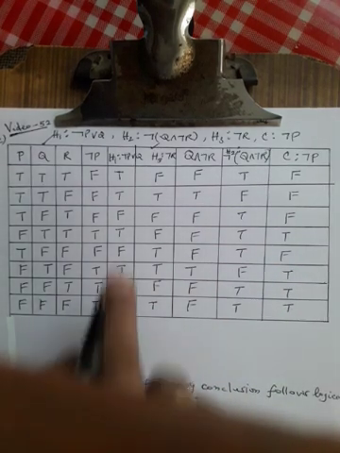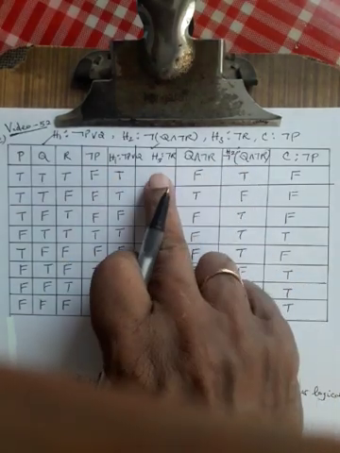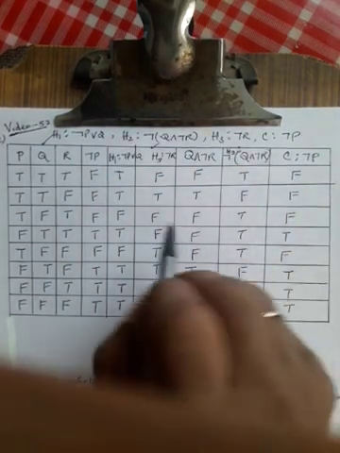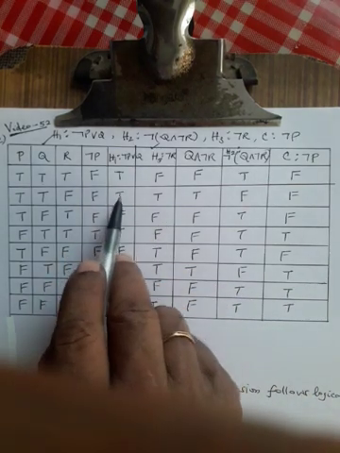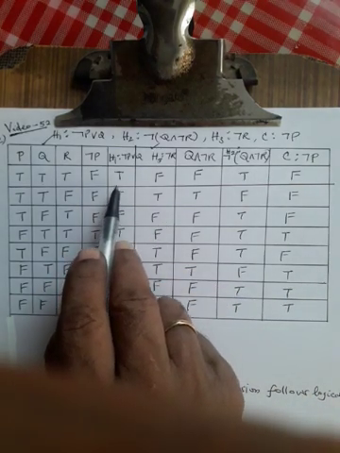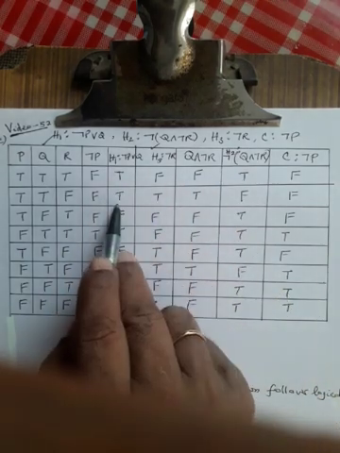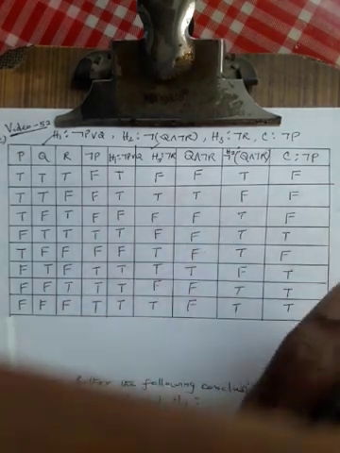Okay. Now we have to check whether H1, H2 and H3 imply our conclusion C. We have to see in H1, H2, H3 in which row all of them are true. Here it is not all true. H1, H2 not true.